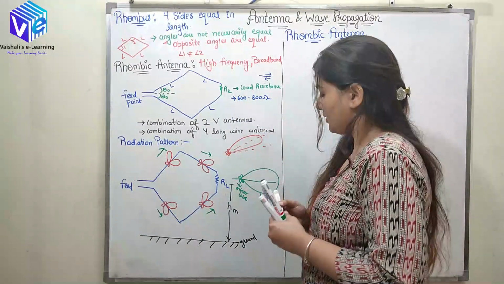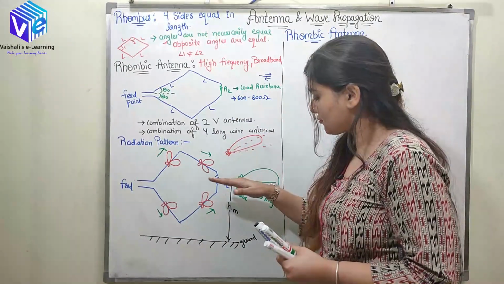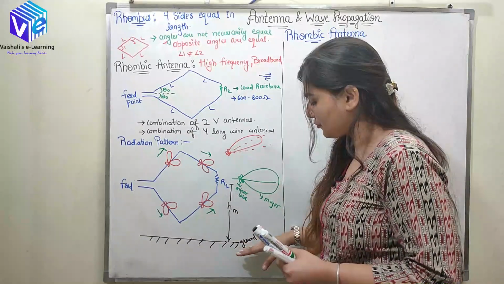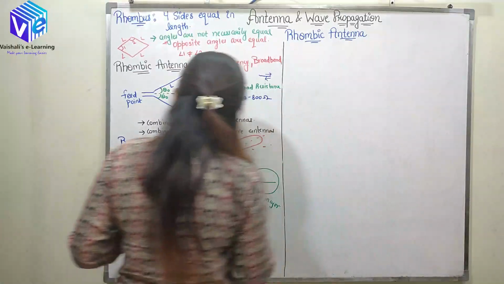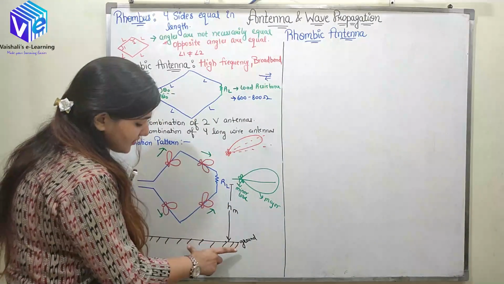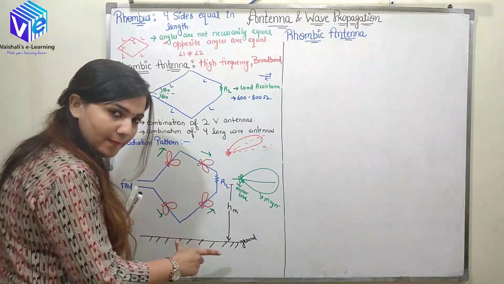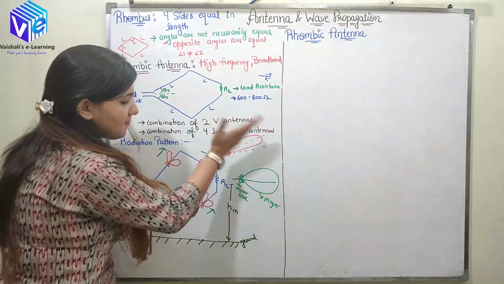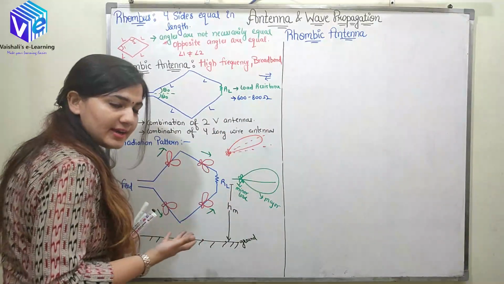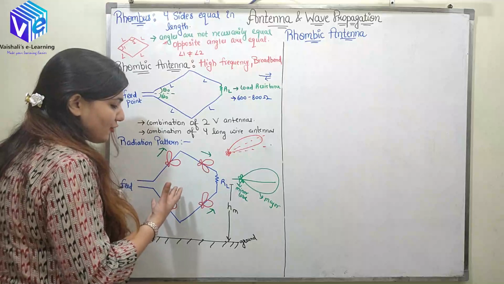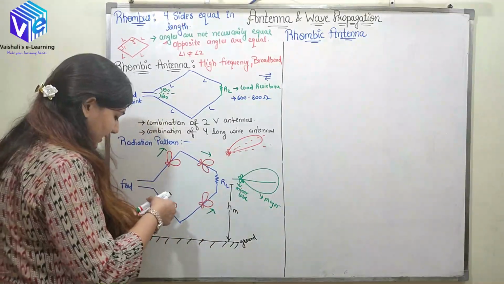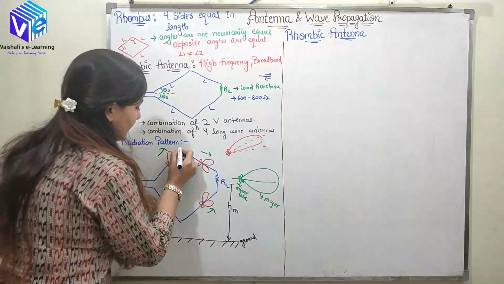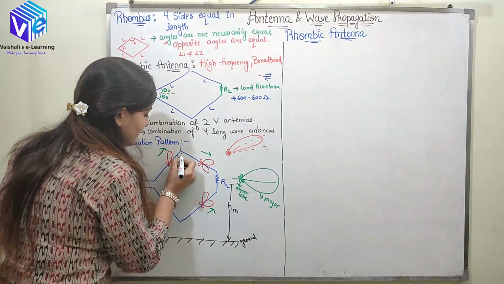The radiation pattern which was parallel to the ground surface is now tilted. Because of the ground surface present nearby the rhombic antenna, the radiation pattern is tilted in some direction. To design this rhombic antenna with a particular height and a particular tilt angle, I am taking the tilt angle to be psi.